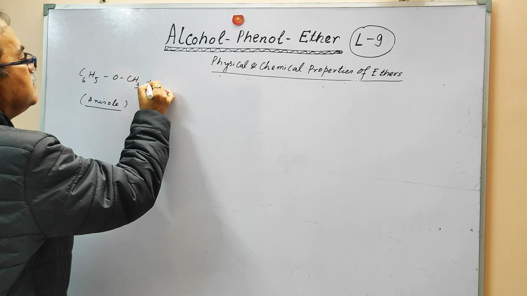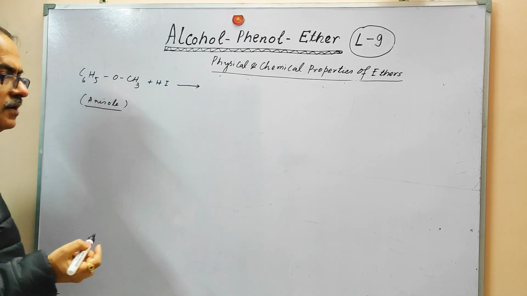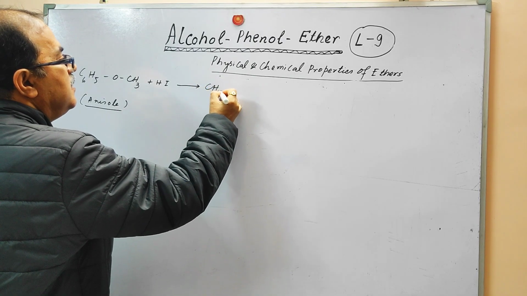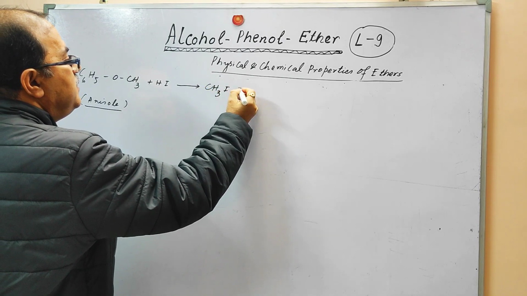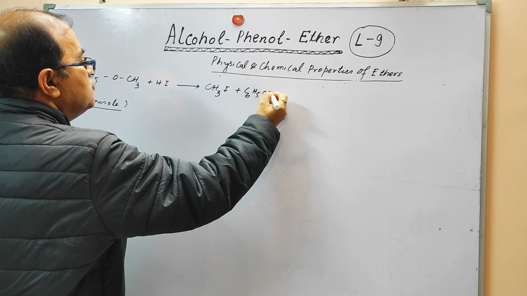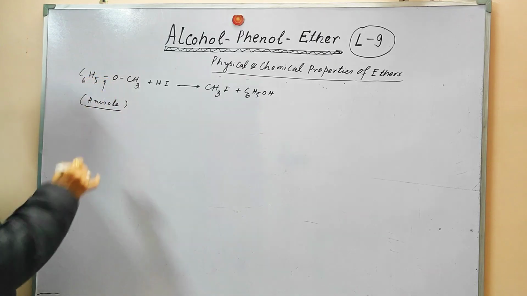So what will be the reaction product? In this type, the reaction product will always be methyl iodide plus alcohol. Always it will produce this, because this C-O bond is much stronger.